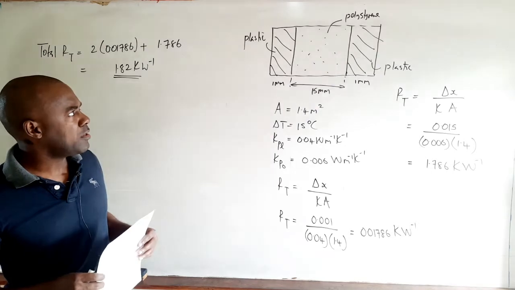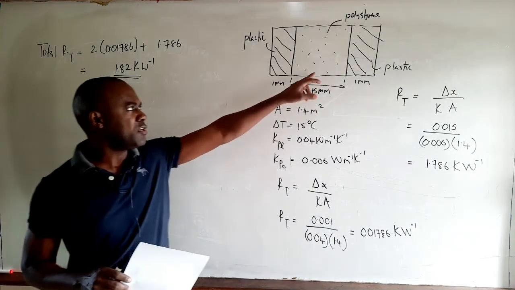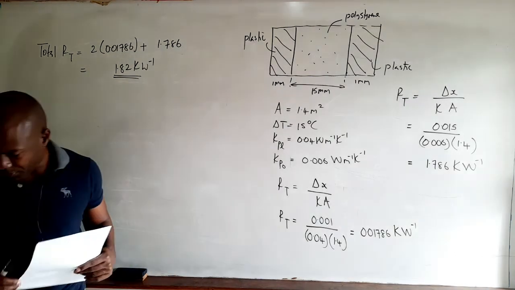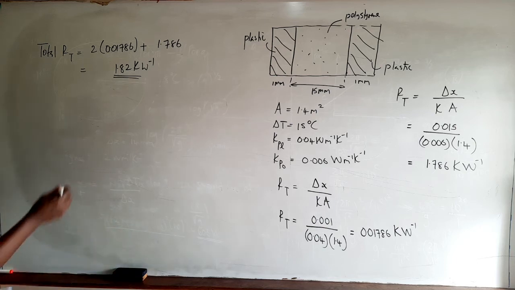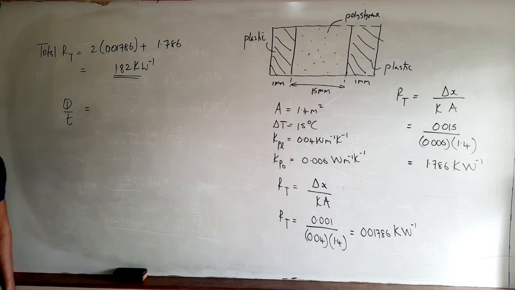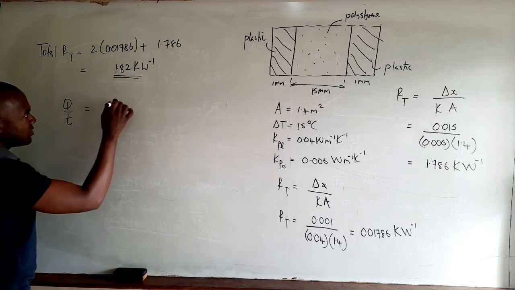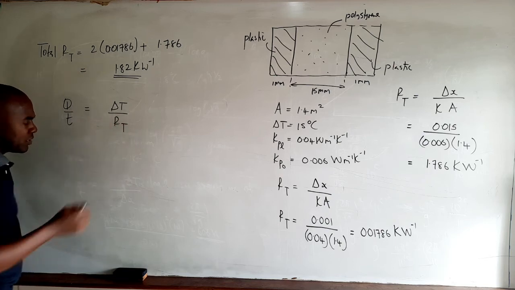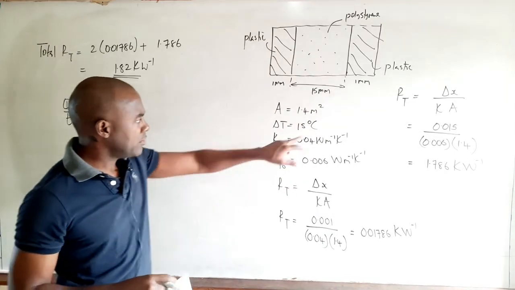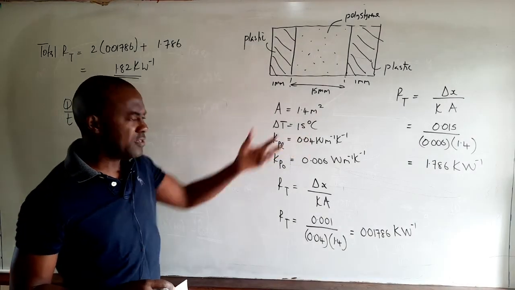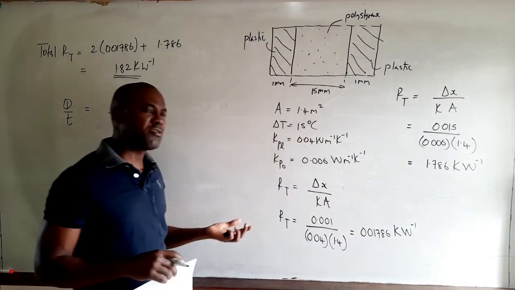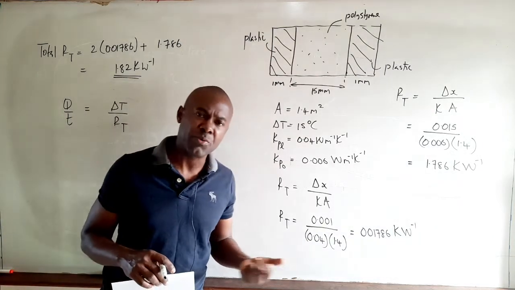Now, having found the thermal resistance of the composite material, we can go ahead and find the rate of heat flow through the material by using the formula Q over T. So the rate of heat flow, Q over T, is equal to the temperature difference delta T divided by the total thermal resistance RT, right? And as before, the change in temperature delta T was given as 15 degrees Celsius, and a change of 15 degrees Celsius is the same as a change of 15 Kelvin.